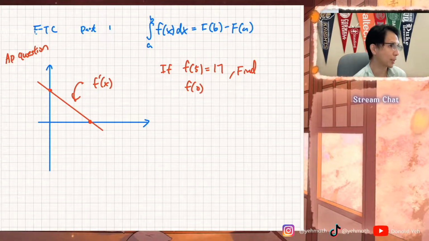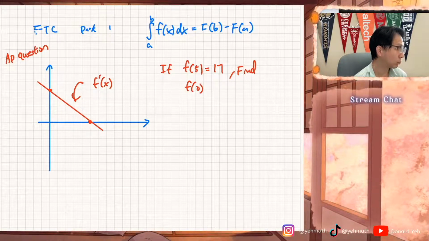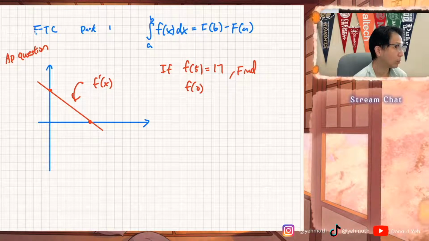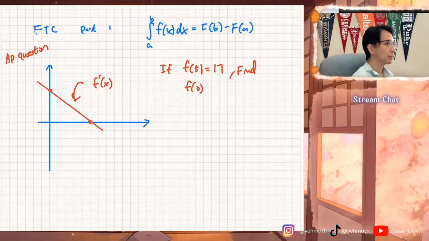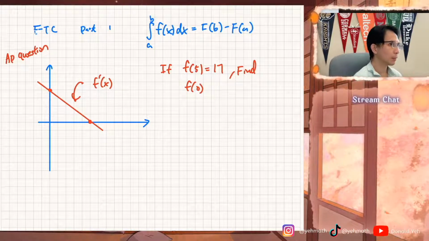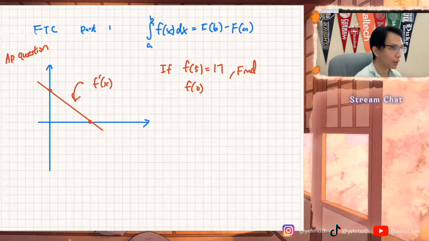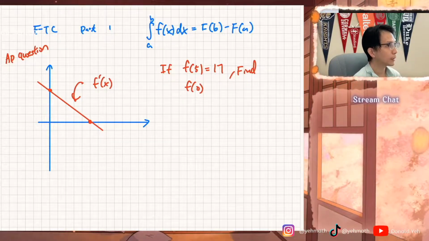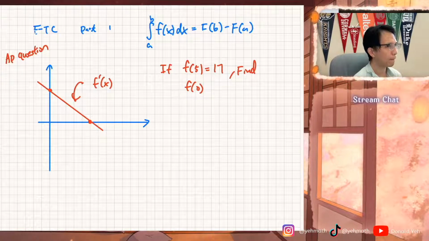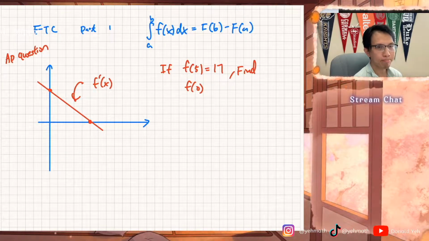Or give me a suggestion how to do it. Would you find the slope of the line, like the equation of the line, and then come back to find your f of x? Well, that's not f of x. Pay attention, that's f prime of x. But you need to find f of x, right or no?